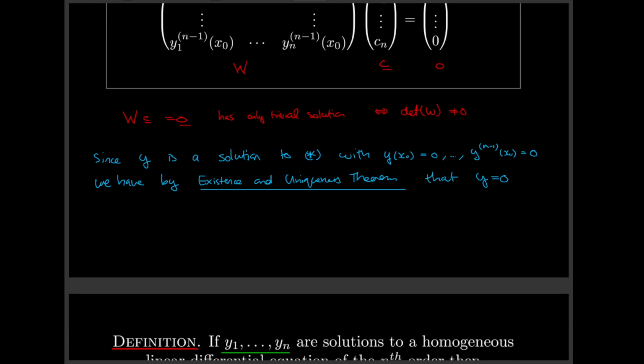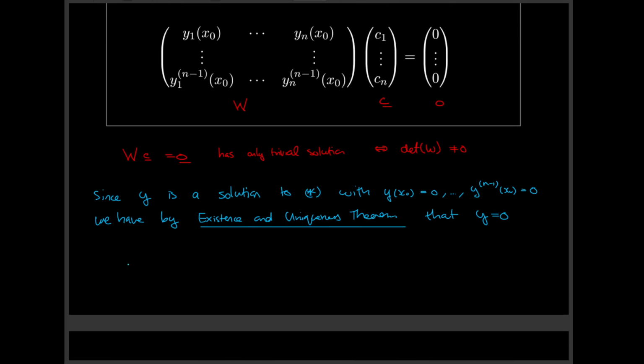So that just means that, since y is equal to c1 y1 all the way up to cn yn, this is equal to 0. And because we have assumed that y1 up to yn are linearly independent, we immediately get that c1 equals c2 equals all the way up to cn equals 0.